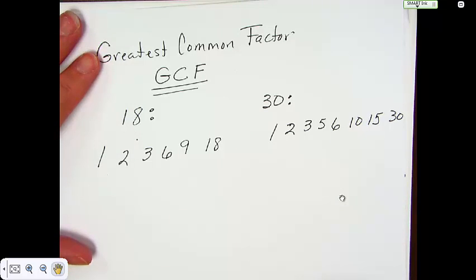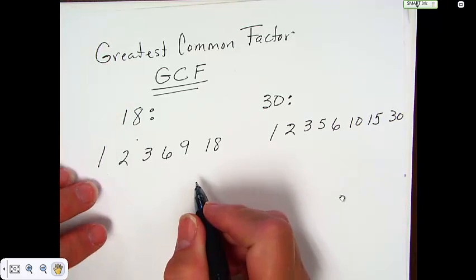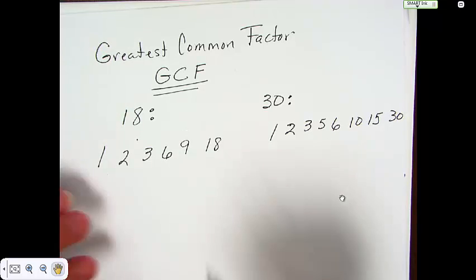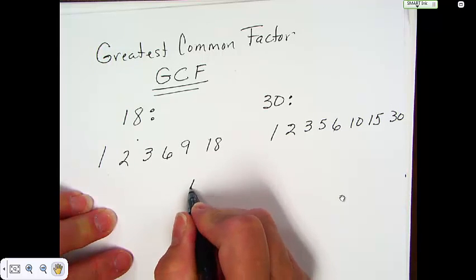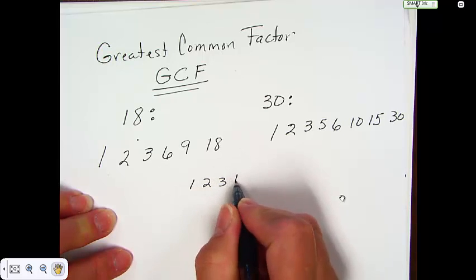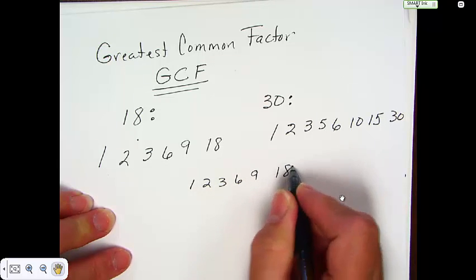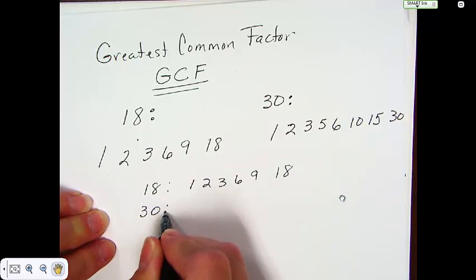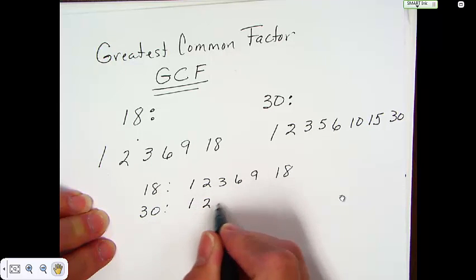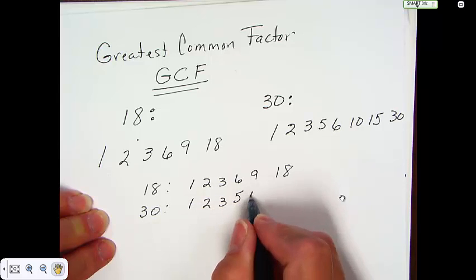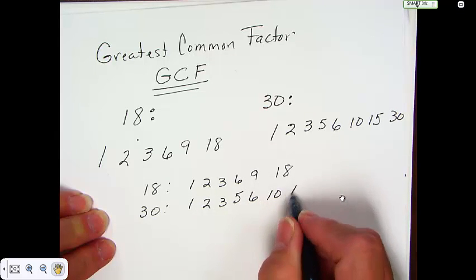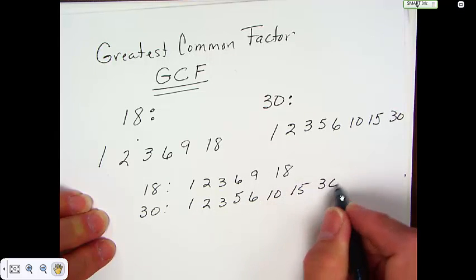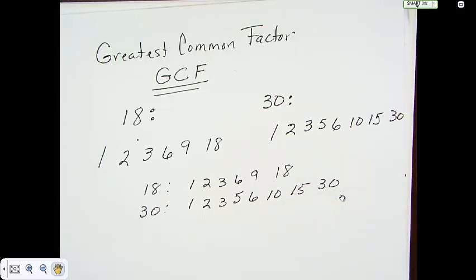Now, all we have to do is stack these one on the other, and we're looking for the biggest one that's common to both. So I would just do this. 1, 2, 3, 6, 9, 18. That's my factors of 18. And then I would write 30 here, and I go 1, 2, 3, 5, 6, 10, 15, and 30.